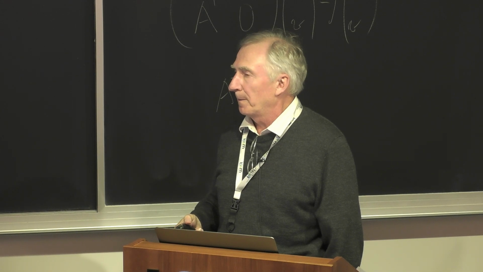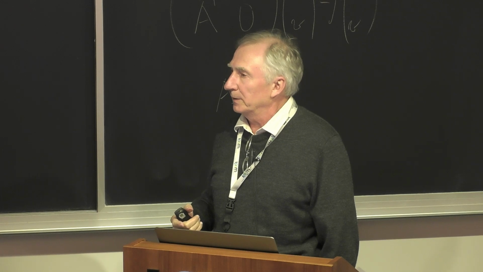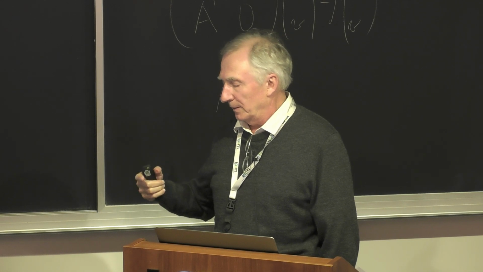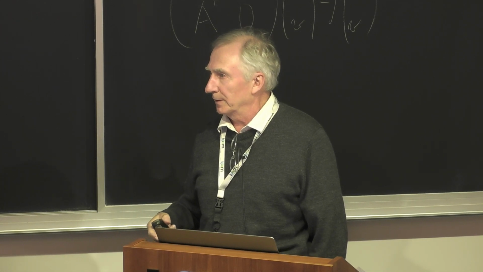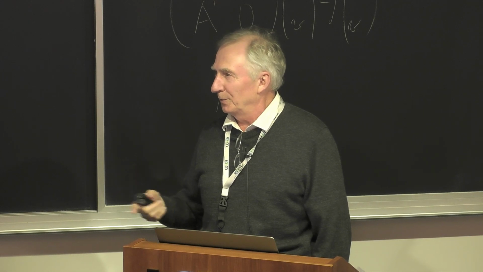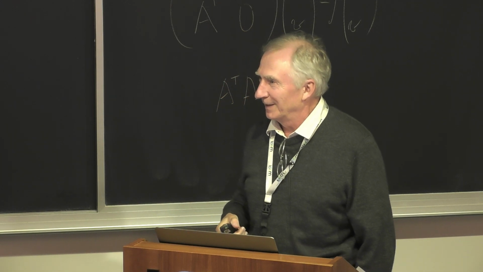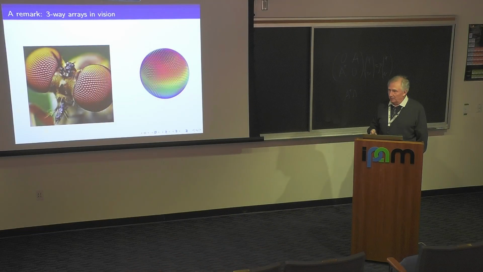In fact, our eye cannot see critically sampled images at all. Sometimes somebody defined an image as a critically sampled 2-way periodic array. That's a very bad definition. We can talk about it separately. So I'm coming back to the talk.